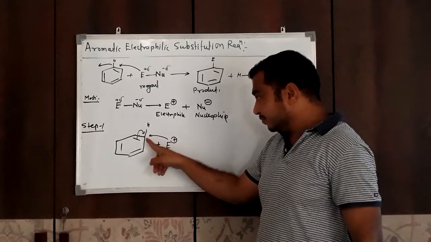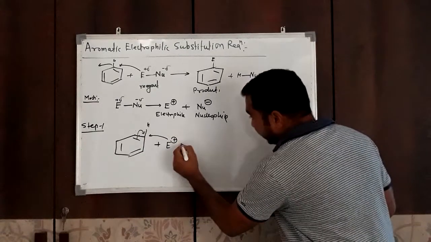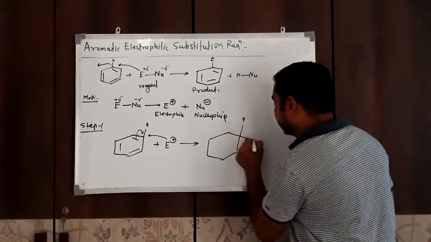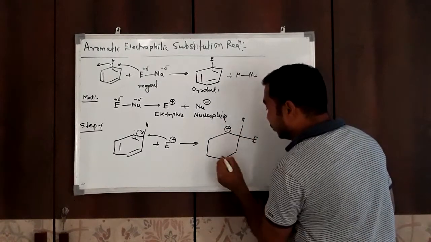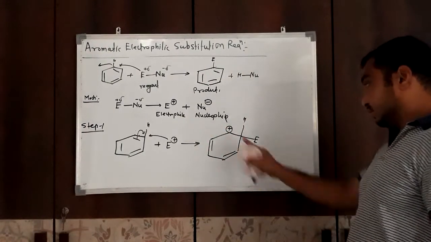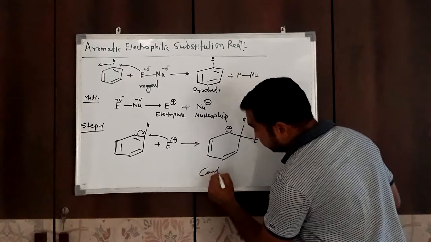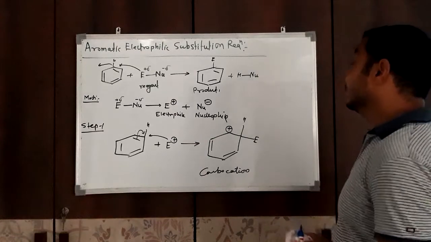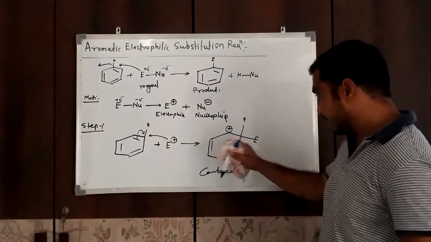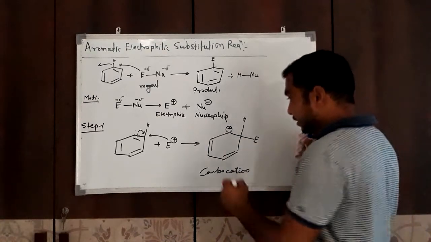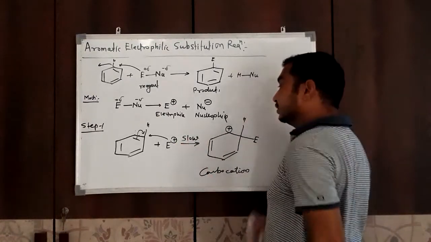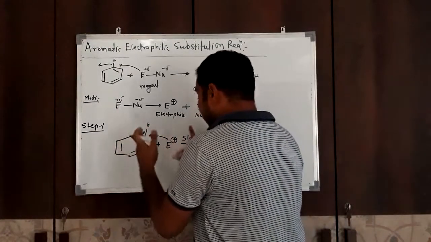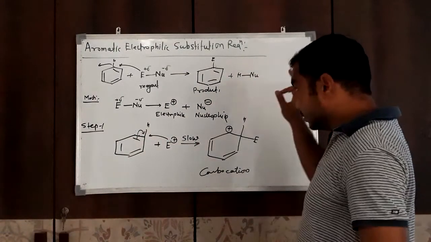So one of the carbon atoms forms a bond with E plus, and here it is positive. This is a carbocation, and this carbocation formed is found to be stable due to resonance. This step is slow. Why slow? Because a stable molecule is getting converted into an unstable one, therefore it is a slow step. So in step 1 what happened?